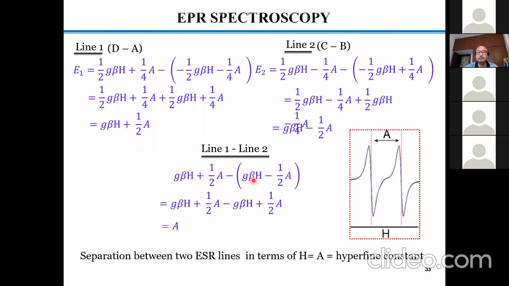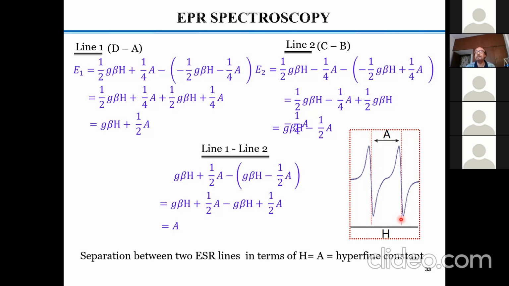So this g beta H is cancelled, and this is half A and this is another half A. So essentially you are getting A. That means the difference in magnetic field, that means this is the H. If I consider this is one H at this point, this is another H at this point, and this difference tells you, say here it is 3000, here it is 3020, in terms of Gauss, and then the difference is 20 Gauss.